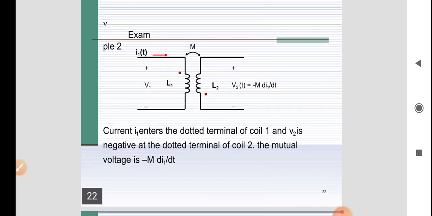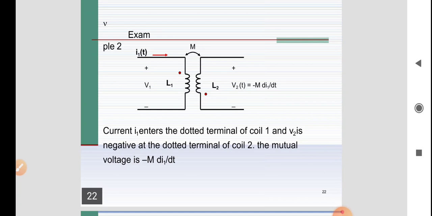Similarly, if we take example 2, here the I1 current is flowing from dot to coil, but I2 current is flowing from coil to dot. Both are entering, but I1 current is first entering with the dot followed by the coil, while I2 current is first entering the coil followed by the dot.